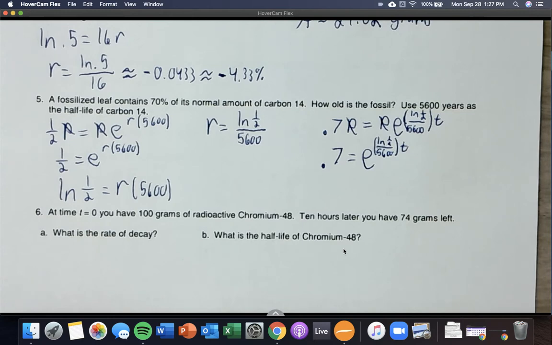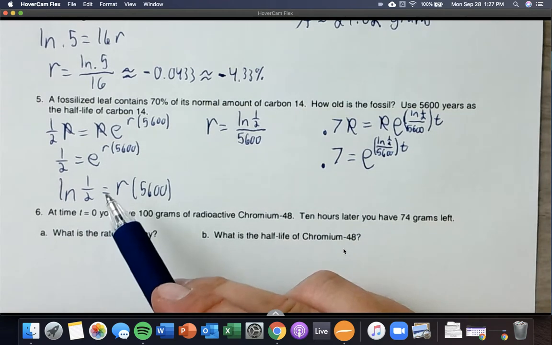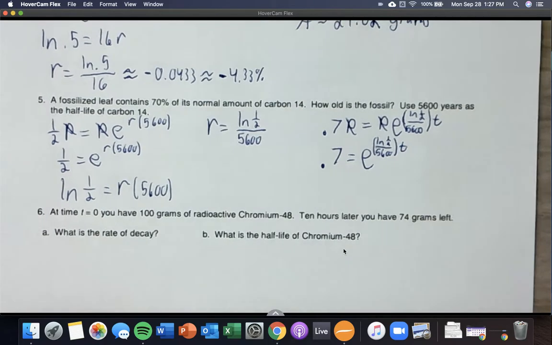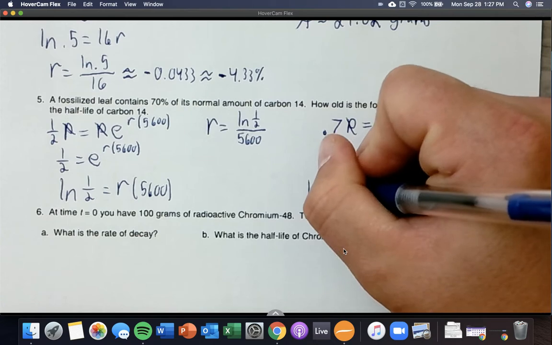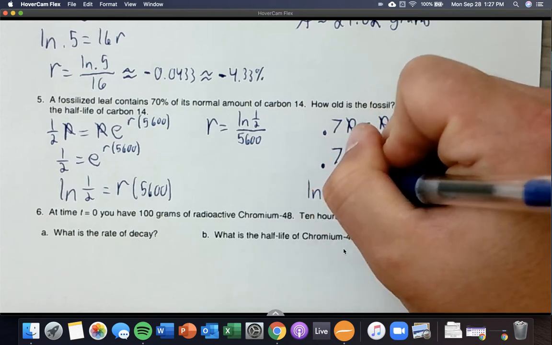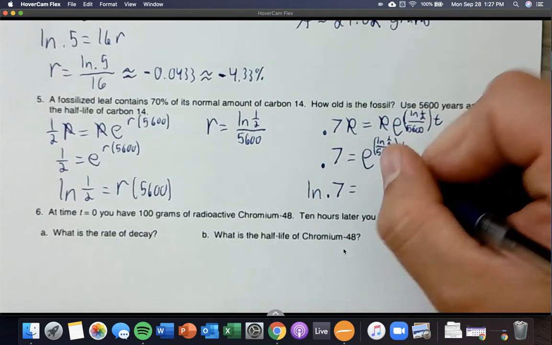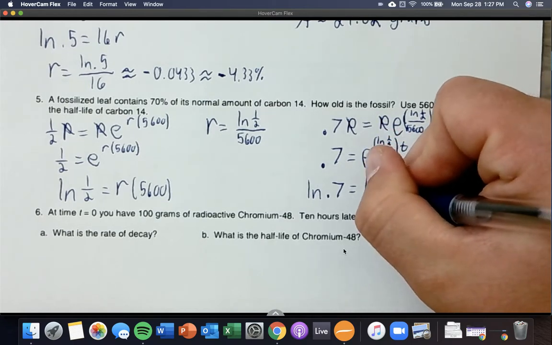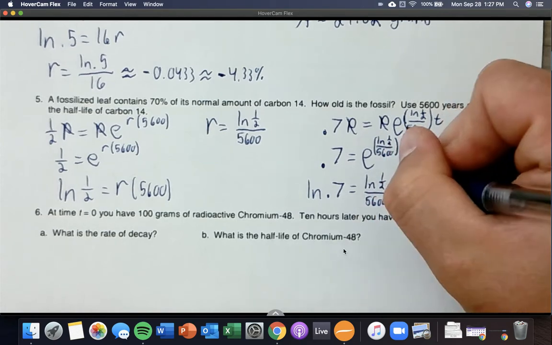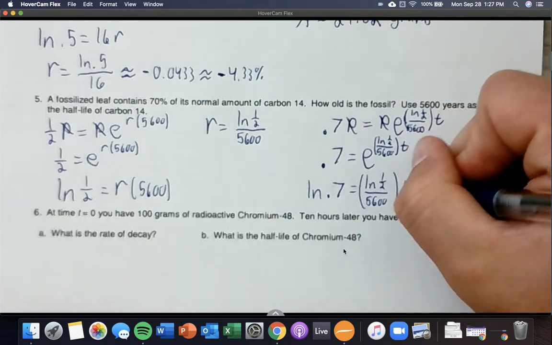From here, just like we did in the other problem, we have to convert it to a natural log. So we get the natural log of 0.7 is equal to our exponent, which is the natural log of 1/2 over 5,600 times t.